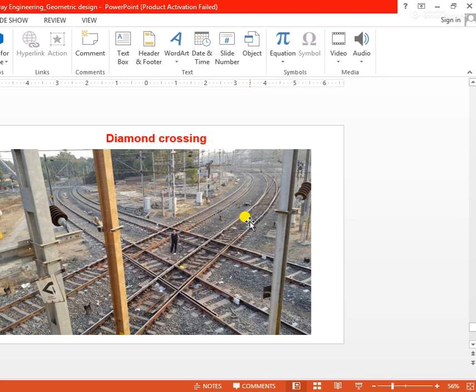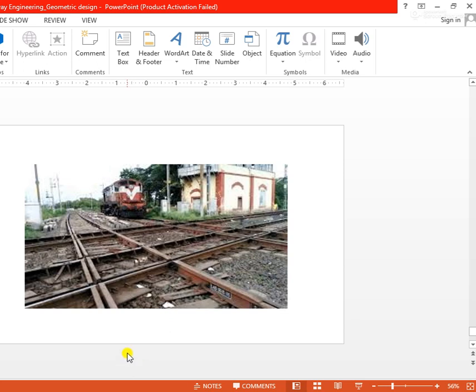So diamond crossing is normally not a particular right angle crossing or 90-degree crossing, but it looks like a diamond shape. For this diamond shape, the name of this crossing is diamond crossing. The close view also you can see, the construction or setup of this diamond crossing.